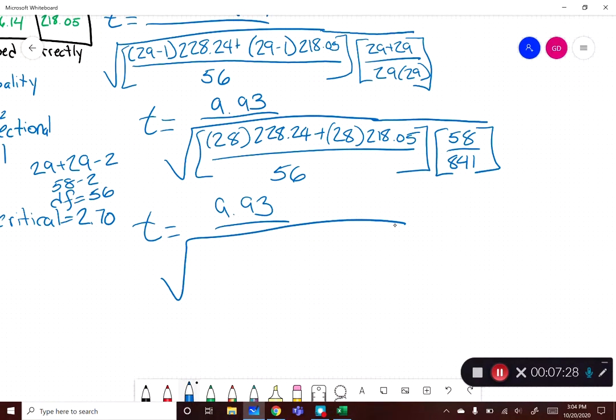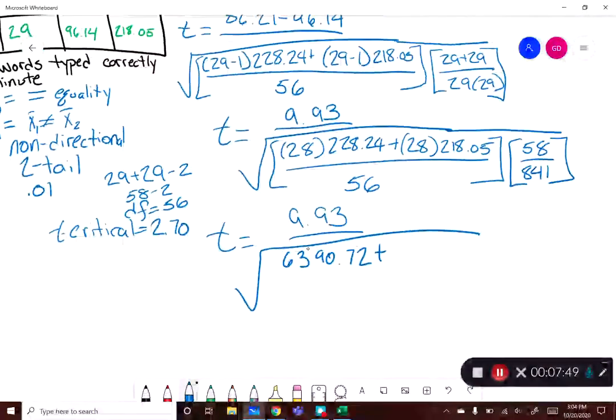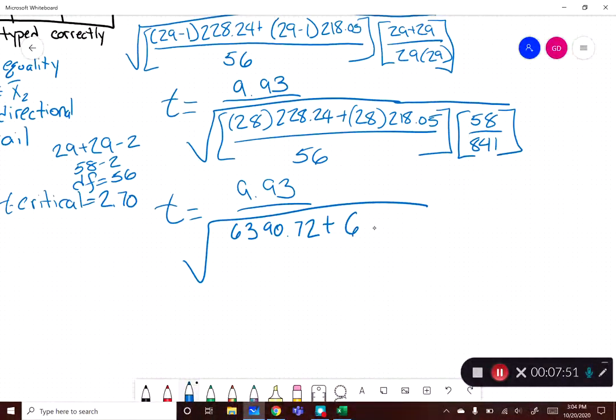Here we have 28 times 228.24 is 6390.72, plus 28 times 218.05 gives us 6,105.4, still over our 56. This is still in brackets.